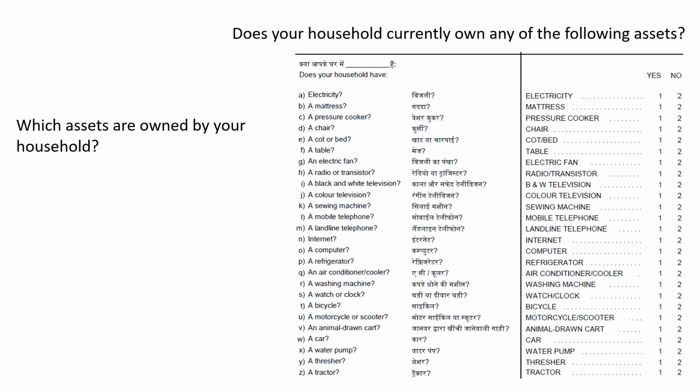Because it helps us to calculate what is known as the household wealth index. So this open-ended question is not going to help in any way. How important your question and the data you're going to collect are also helps you decide how to frame the question.